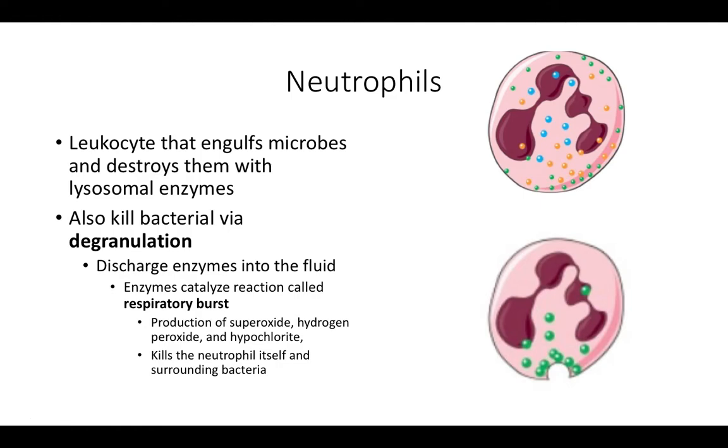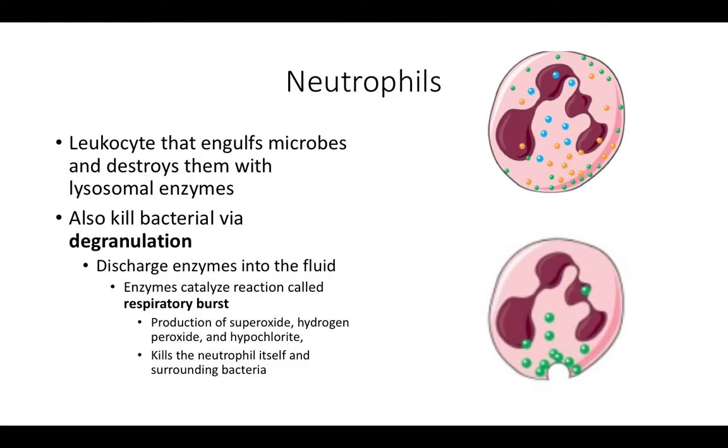And so by expelling these enzymes, they catalyze a reaction called respiratory burst. And basically it's just the production of these three chemicals down here that are really toxic to bacteria. It's superoxide, hydrogen peroxide, and hypochlorite. And so that's going to kill all of the surrounding bacteria, but unfortunately it also kills the neutrophil itself.